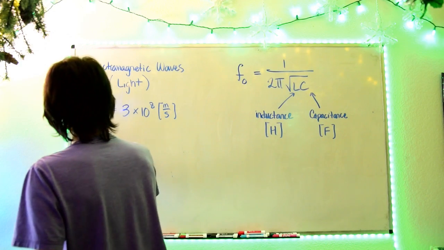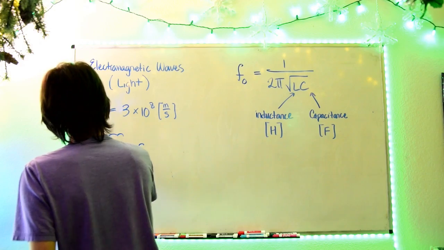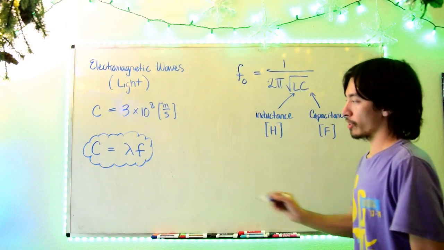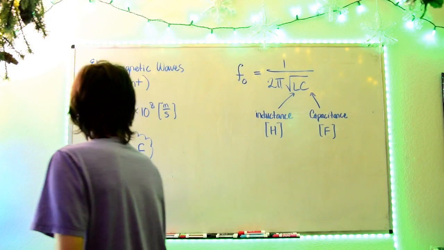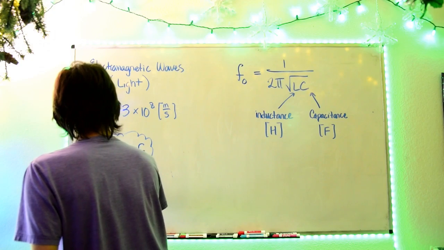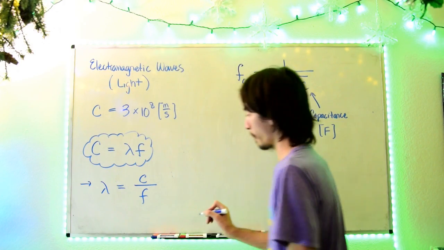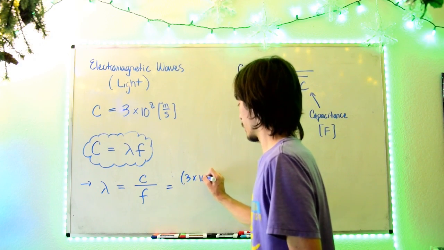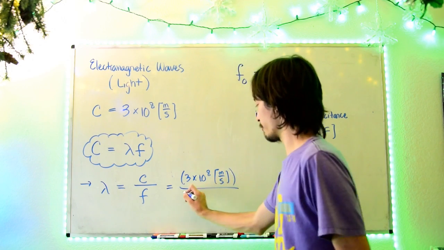That speed of light is related to the wavelength and the frequency by this equation here. We're going to solve for the wavelength lambda, so we divide by our frequency: lambda equals c divided by f. The speed of light gets plugged in, 3 times 10 to the 8th meters per second, divided by frequency.